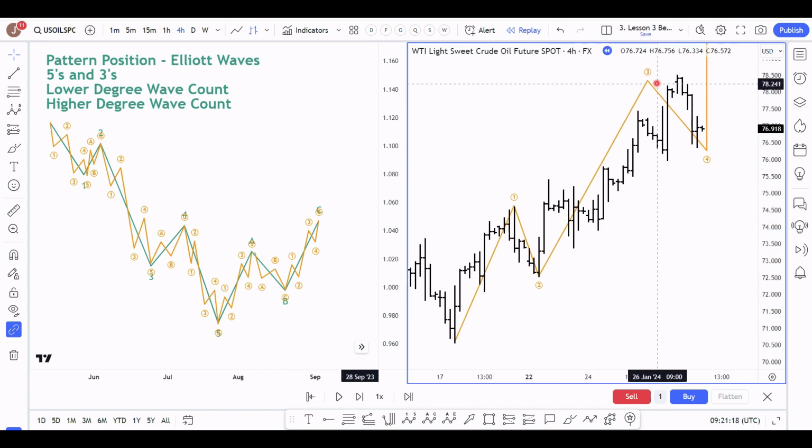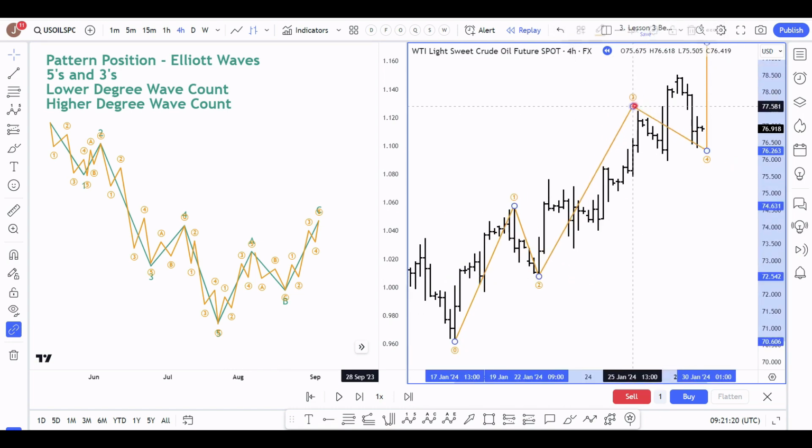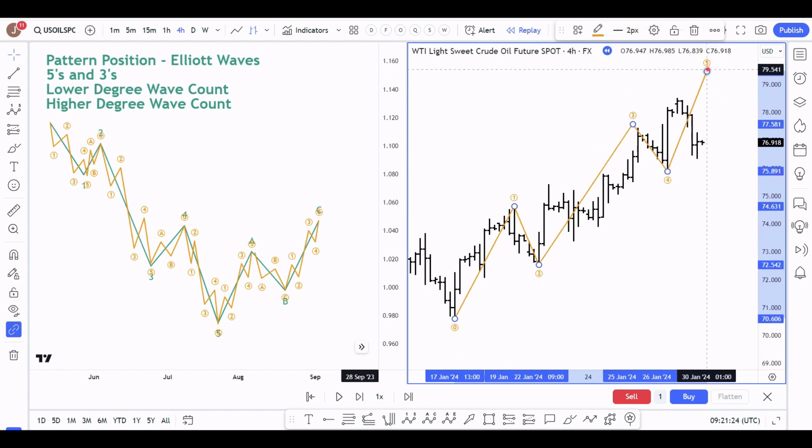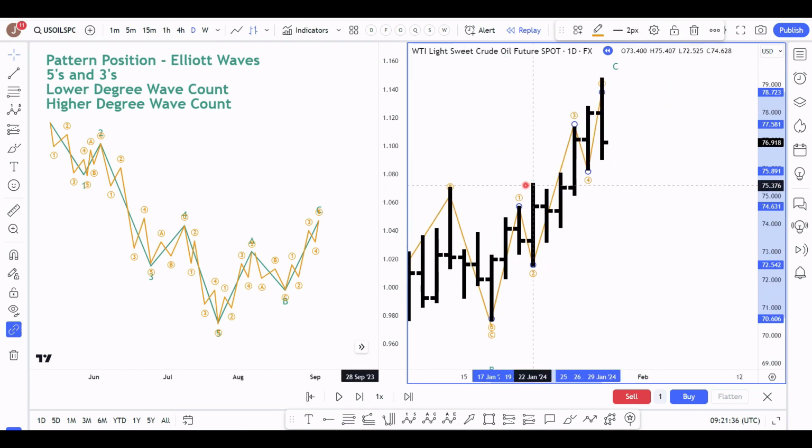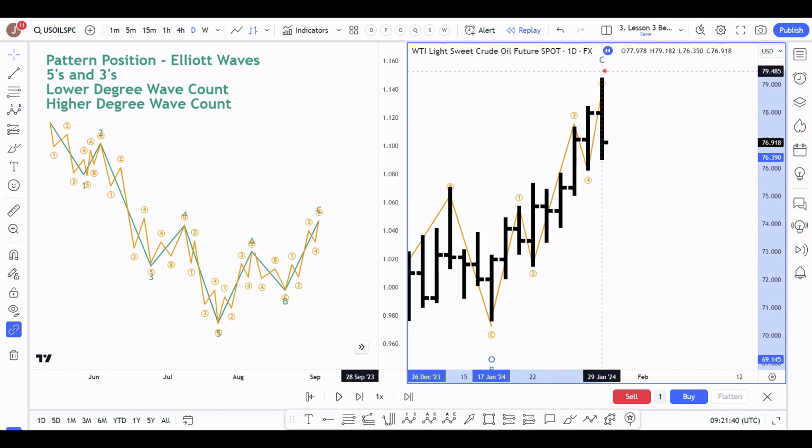And then this last part of the move looks like a wave 3, a wave 4, and a wave 5. So you can see it's clearer to see on the lower degree time frame in terms of the 4-hour chart. When I go back to a daily chart, it's not as clear to see the intricacies. So that's why it's sometimes useful to be able to drop down to a lower degree time frame.